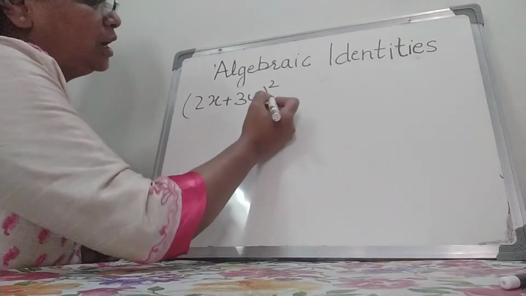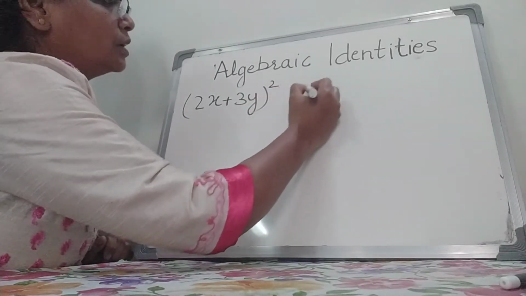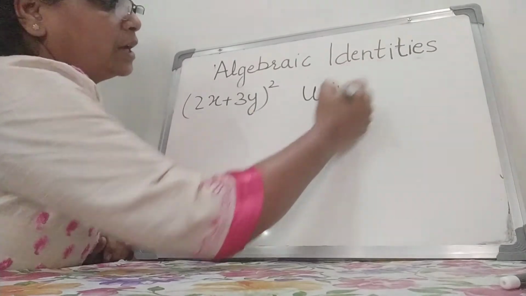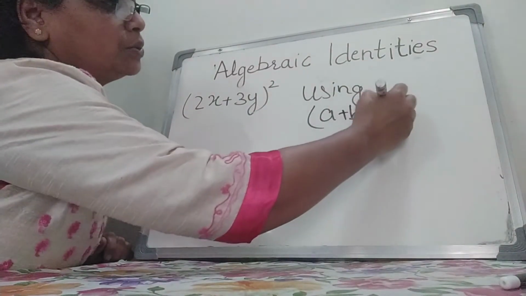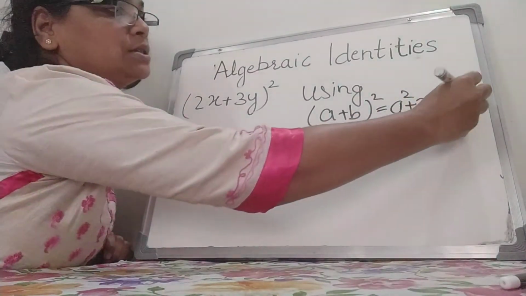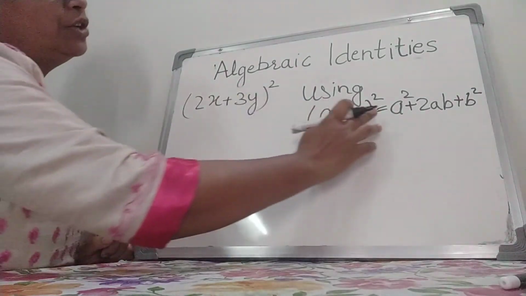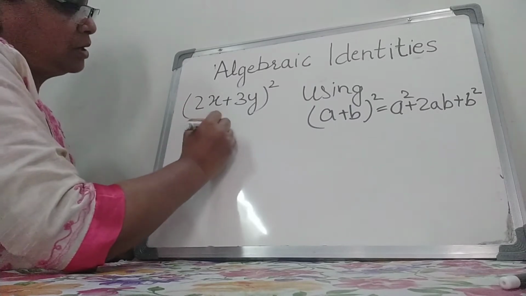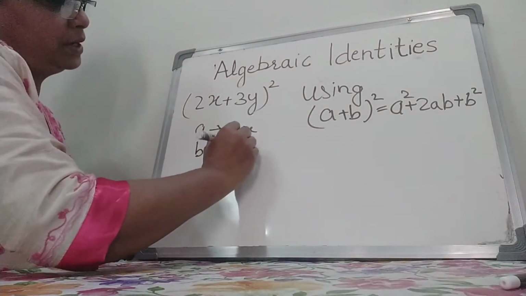Using an identity, how will we simplify this question? Using the first identity, (a + b) whole square is equal to a² + 2ab + b². Here we see that a is 2x and b is 3y.